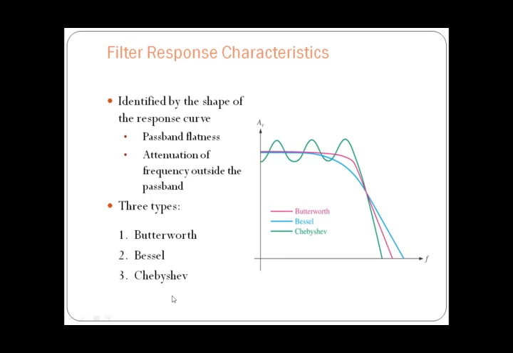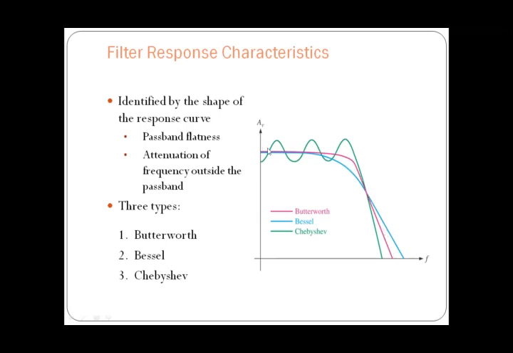Here you can see the three types of filters are Butterworth filter, Bessel filter, and Chebyshev filter. The Butterworth response is given in a pink color line. Here we are going to consider the low pass filter response of a Butterworth filter. The Butterworth filter response will be like this.